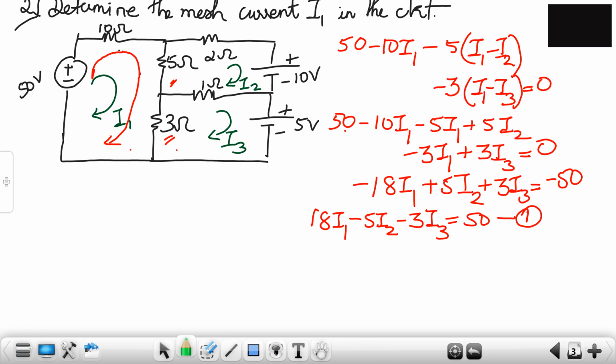Let's go to loop 2 equation. So we are going in the direction of current.